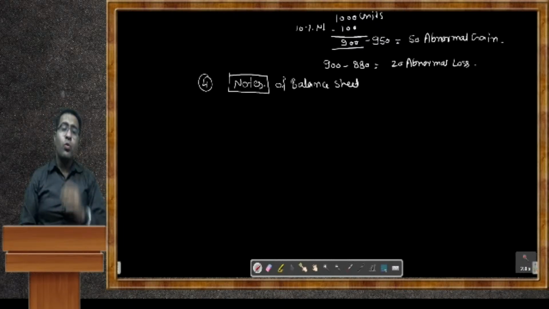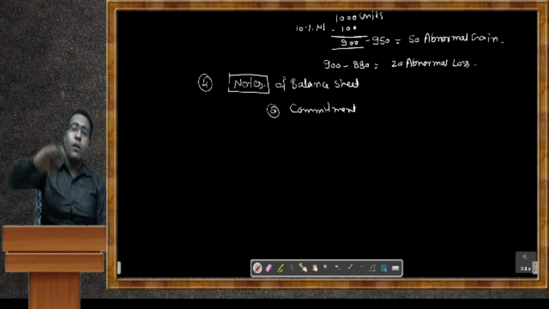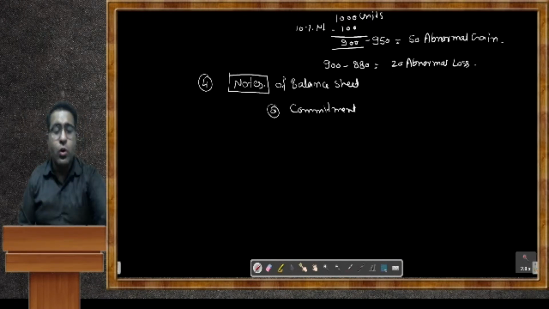How many things do we have to include in the notes of a balance sheet? First of all, the type of commitments, which are for future purpose, which we have to pay in future. These are the commitments.